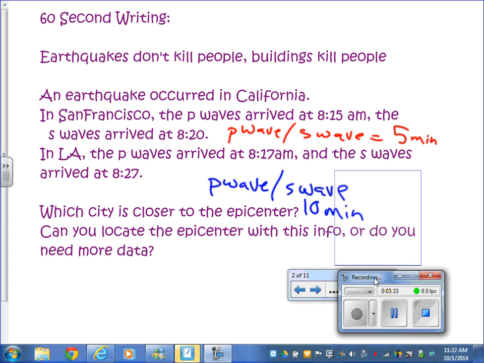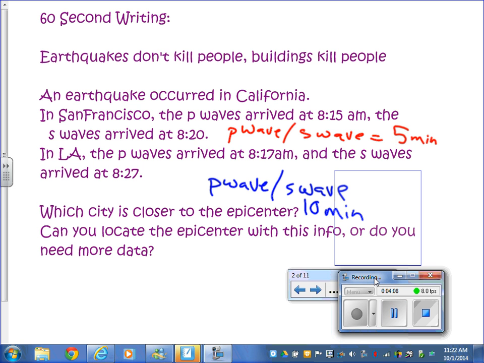That's 5 minutes. See, easy math. And in Los Angeles, 8:17 and 8:27, 10 minutes. So obviously LA is farther away. There's probably one other way you could tell that San Francisco is closer. Yeah, that's true. So you know that the P waves hit San Francisco at 8:15 and not till 8:17 in Los Angeles.